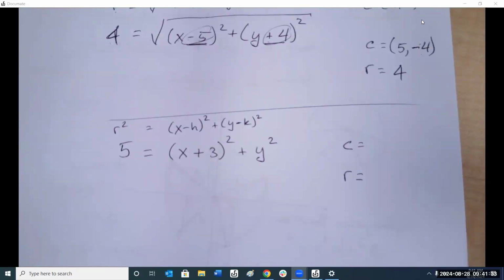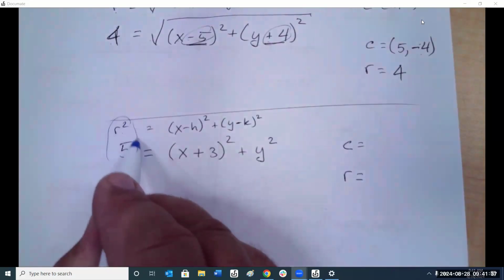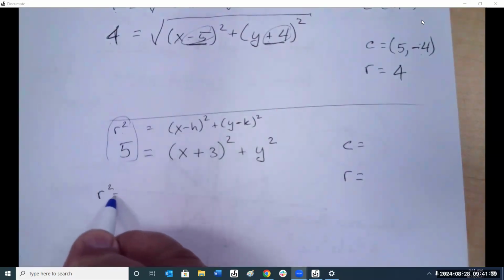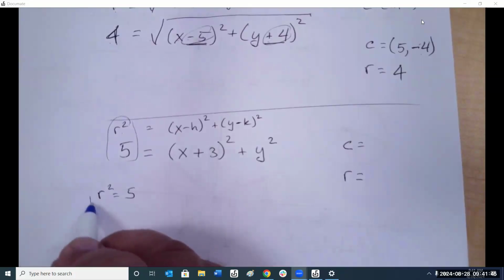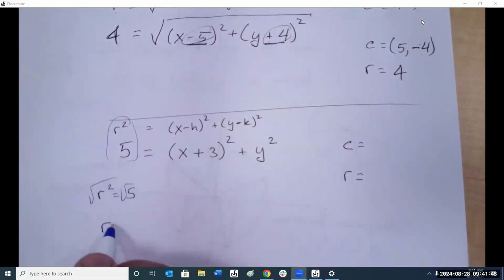So does that mean it would be 25? Right now, this side says r squared is equal to 5. What is r? How do we get r by itself? Square root. So r is equal to the square root of 5.